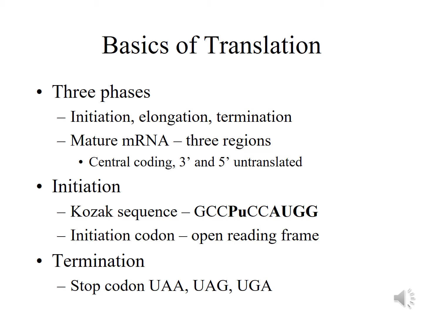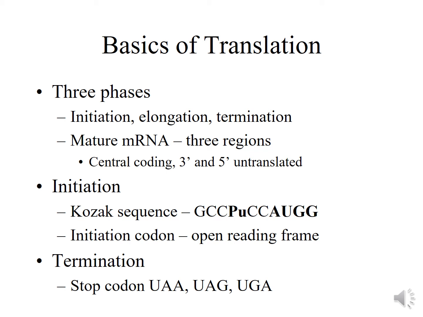So you can see this Kozak sequence here is shown, GCC, and then a purine nucleotide, and then CCAUG, which is the actual start codon, and the nucleotides that are shown in bold are the ones that are more highly conserved.